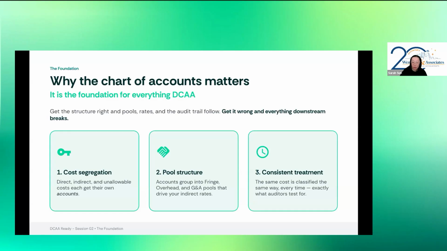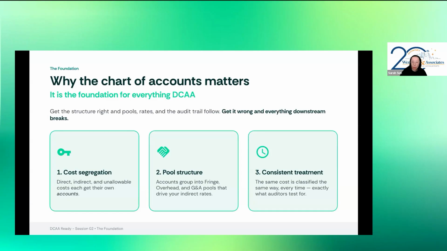Number one, cost segregation. So basically, the accounting system needs to be able to separate direct costs, indirect costs, and unallowable costs. All of them need to have their own accounts, which will make it easier to identify which costs are billable and which are not.